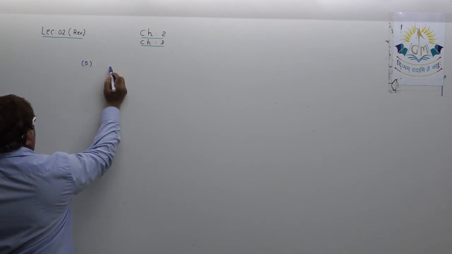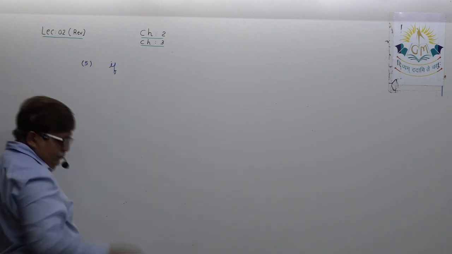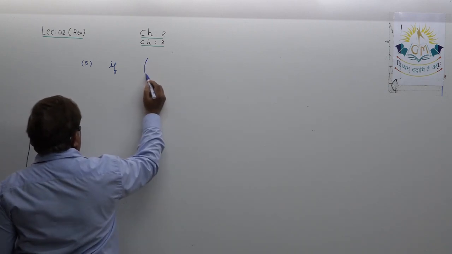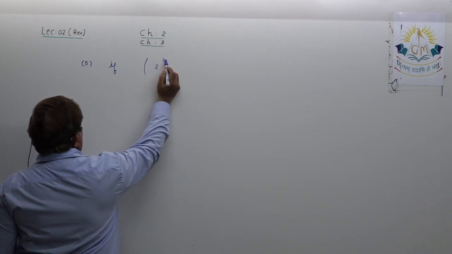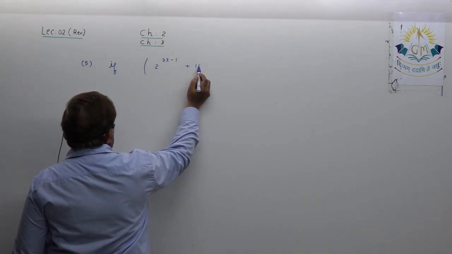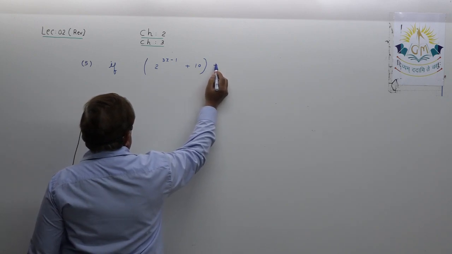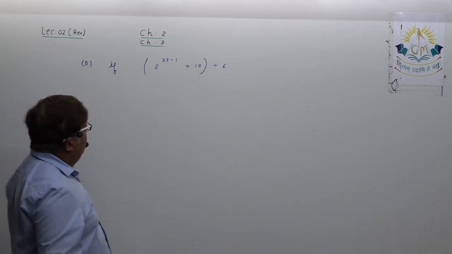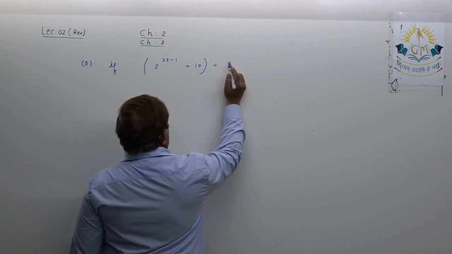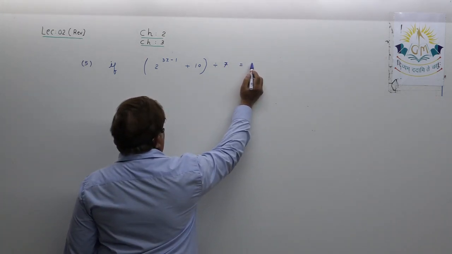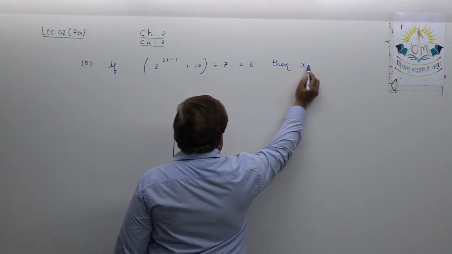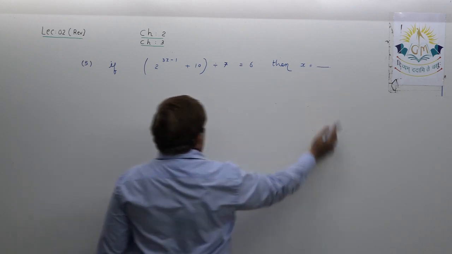This is the sum: if 2 raised to 3x minus 1, plus 10, divided by 7 equal to 6, then x equal to dash. This is the question.